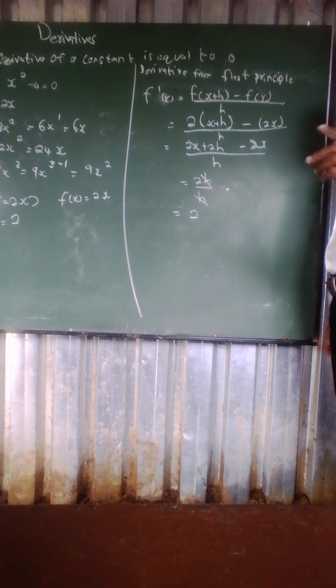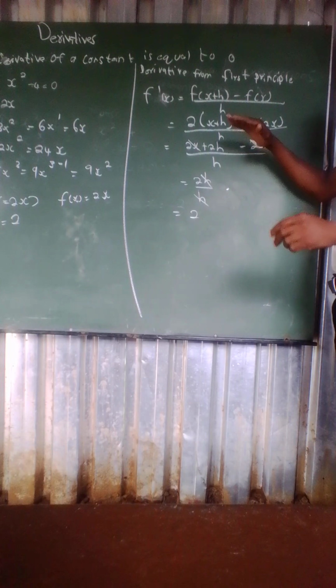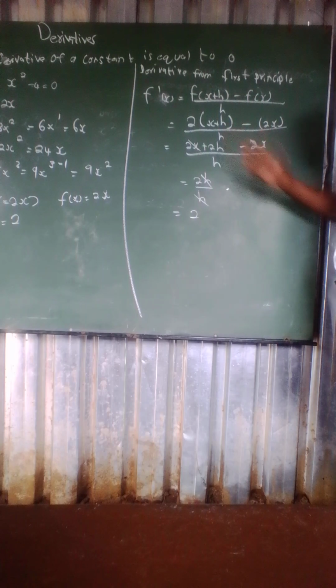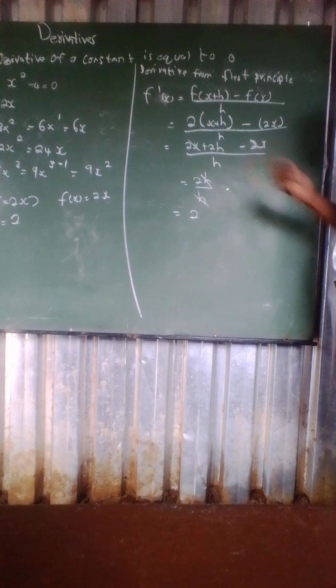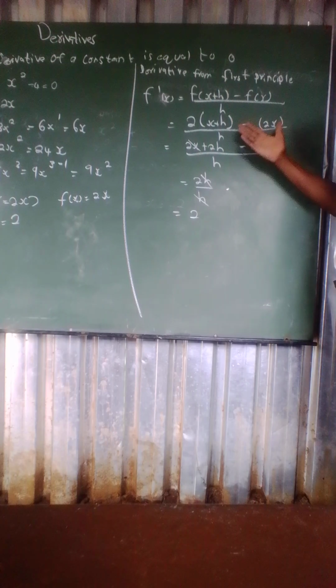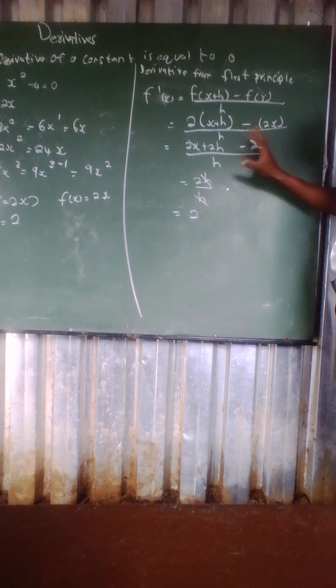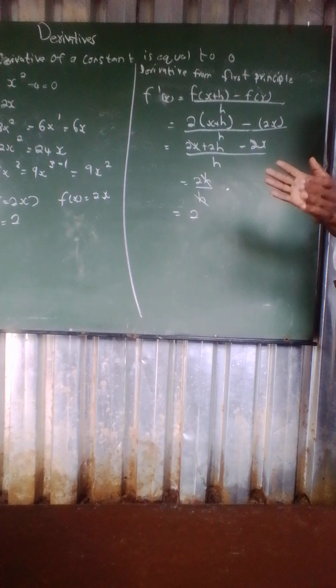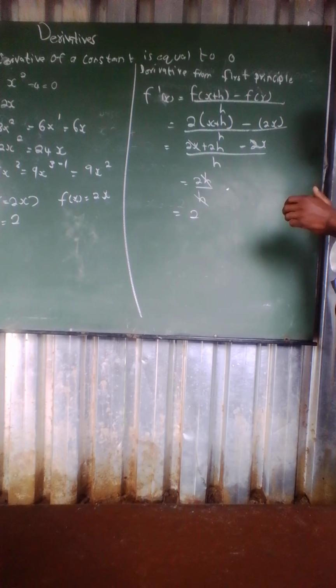Please focus on our lessons where we use the first principle in order to find the derivative of a certain function. Remember, when you are working with the first principle, they always give you f of x, which equals a certain expression with a variable and an exponent, and you have to find the first derivative.